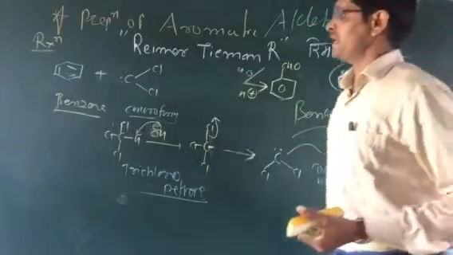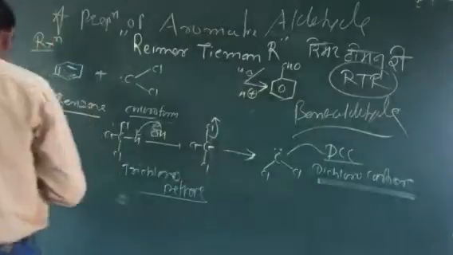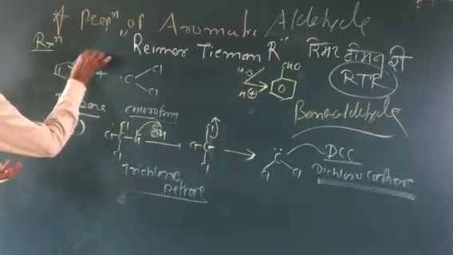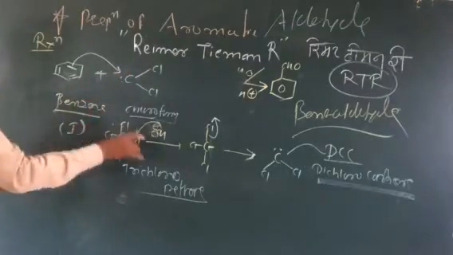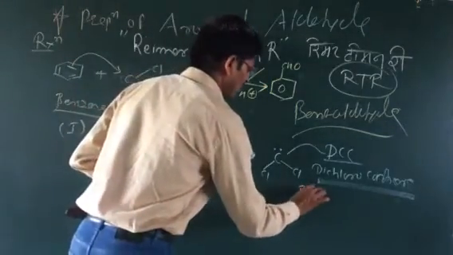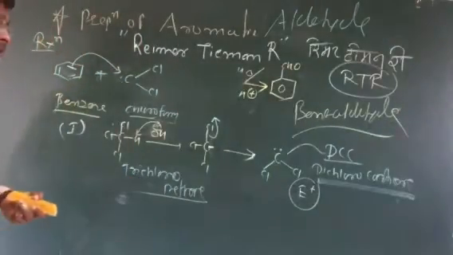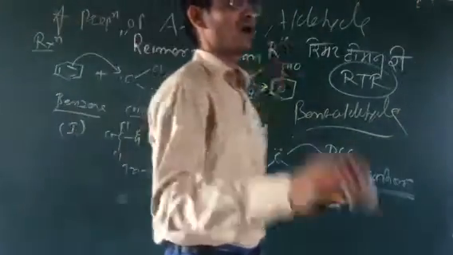In this case we can use this dichlorocarbene in the mechanism here. This pi bond attacks this, because this DCC is electron deficient. It is electrophilic in nature, a reaction intermediate like a carbocation.